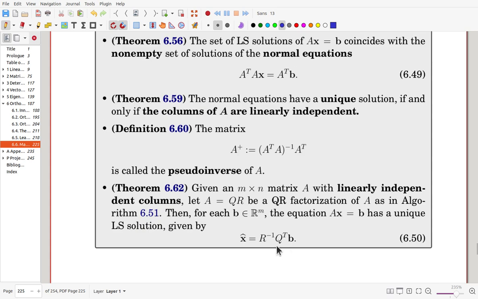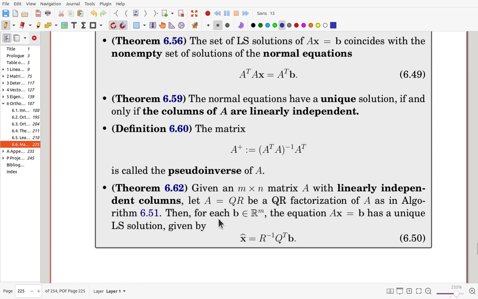Now, once A has linearly independent columns, then we can get a QR factorization with R a triangular matrix having positive entries along the diagonal.